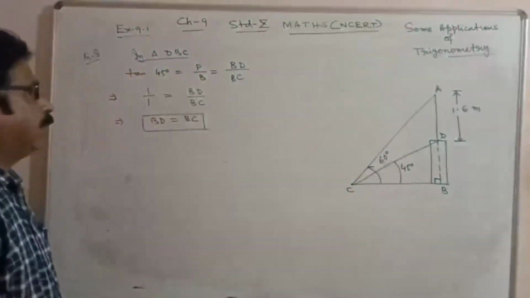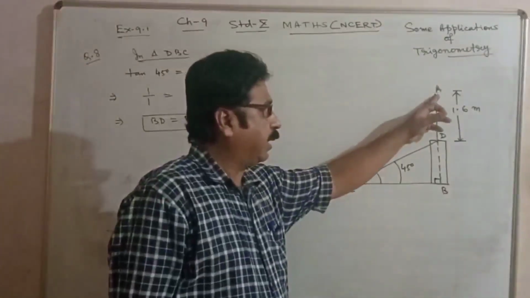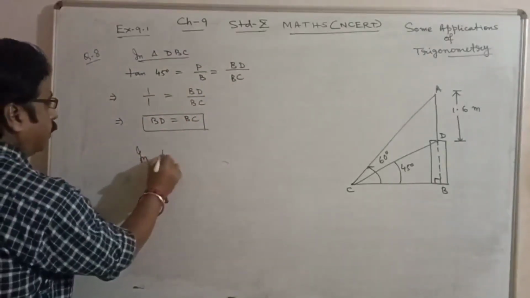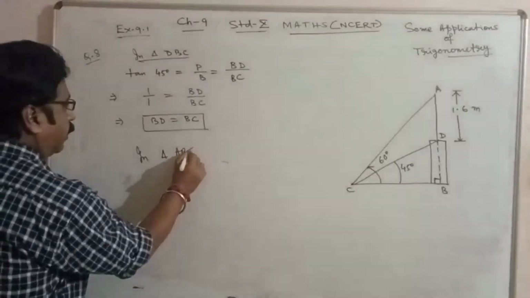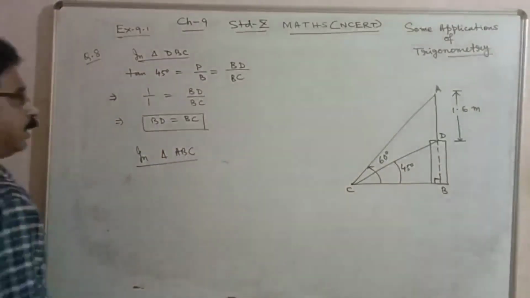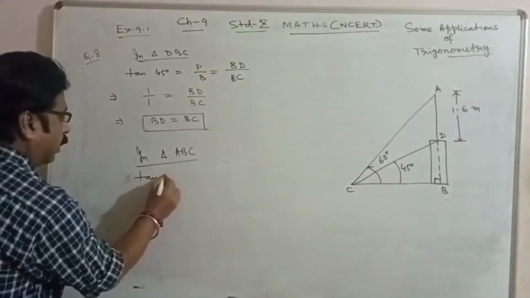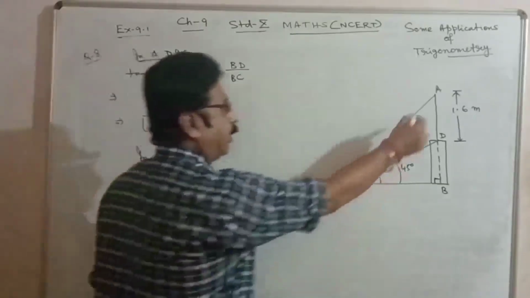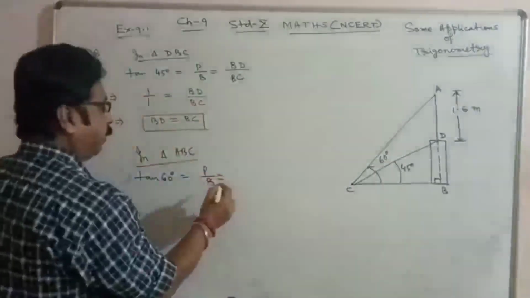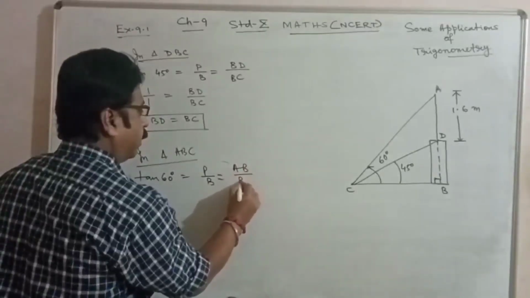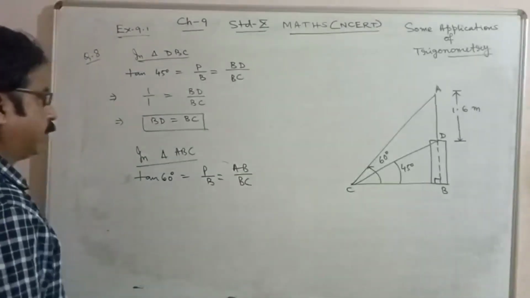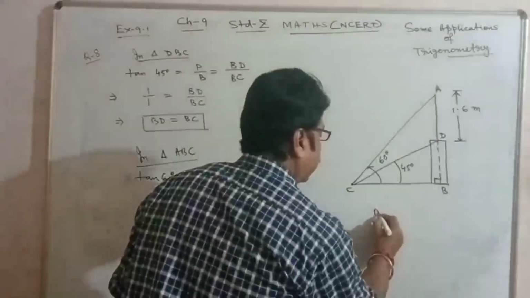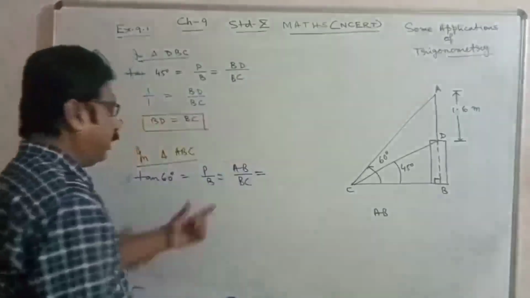Next, we will take the triangle ABC. Tan 60 degree is perpendicular upon base. Here perpendicular will be AB, base is BC. We can get BC first.